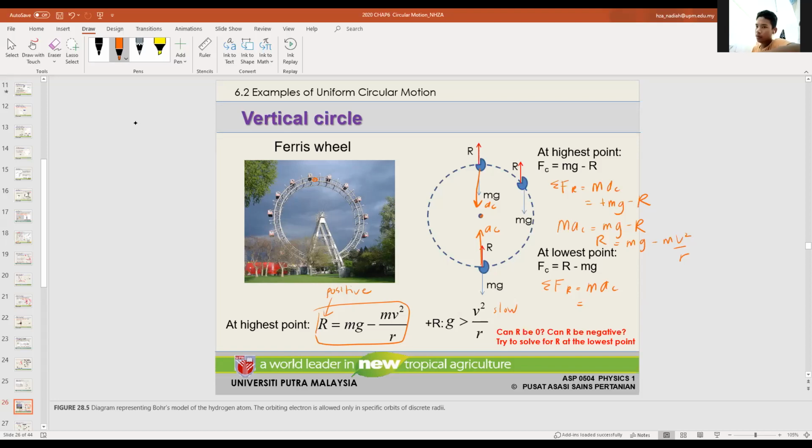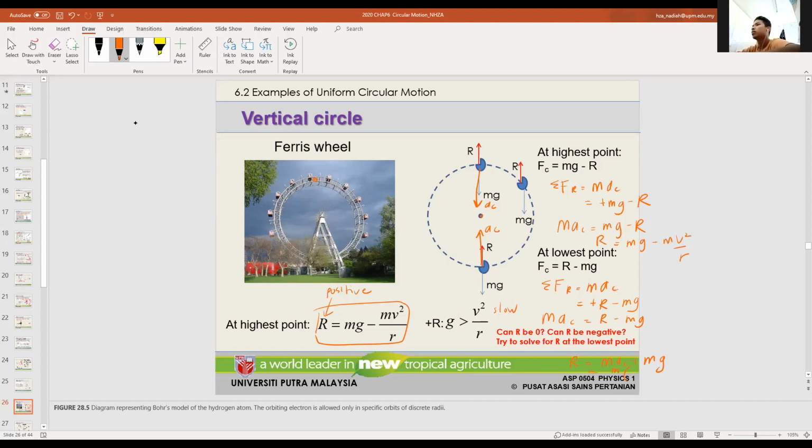So what is acting in the AC direction? Positive R, because my R is now in the same direction as AC, minus mg. So now my equation becomes MAC equals R minus mg. Rearranging this gives me R equals to MAC plus mg.